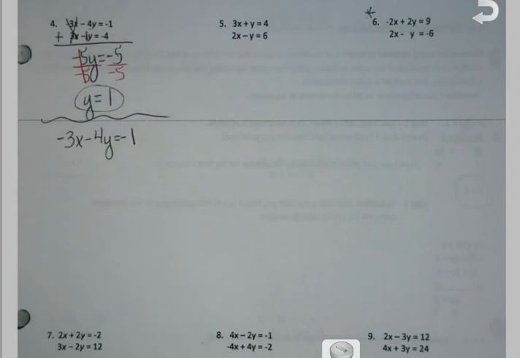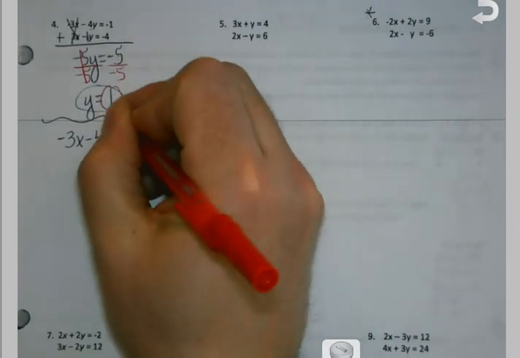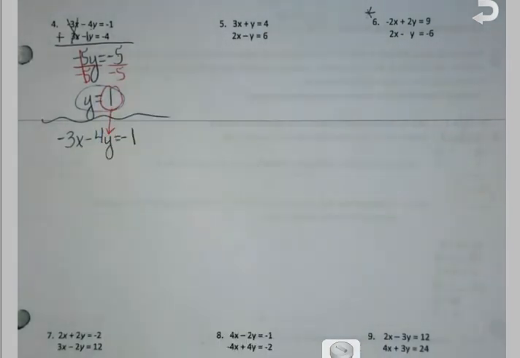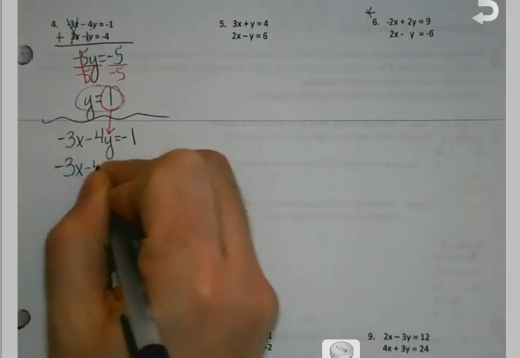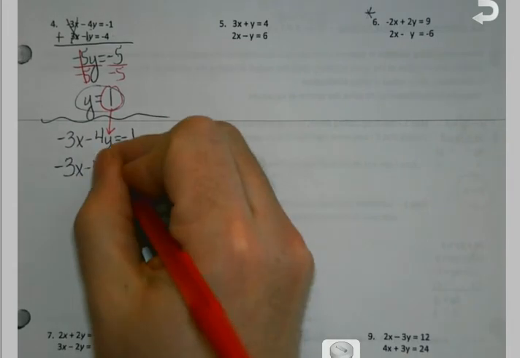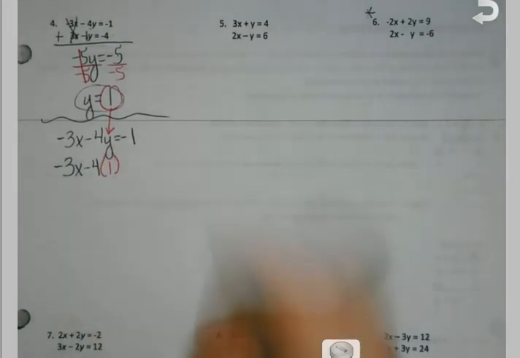So as we're doing this, again, I'm going to be good about this. I'm going to rewrite it because I want to remind myself, okay, I'm going to plug this in. I'm going to plug it in for y right there. So when I go to plug that in, I leave the 4 alone. I'm just taking out the y.